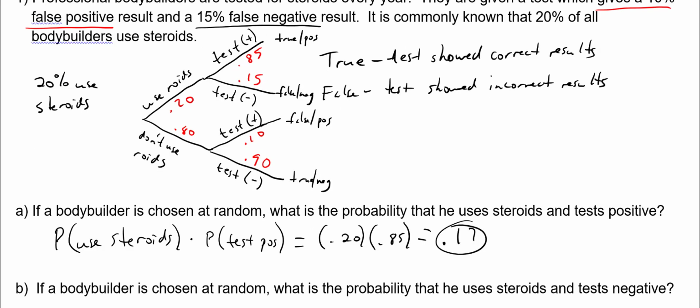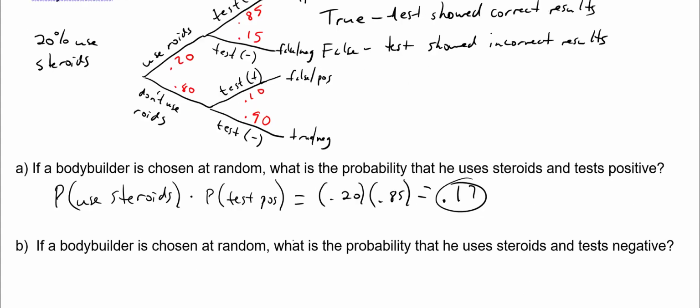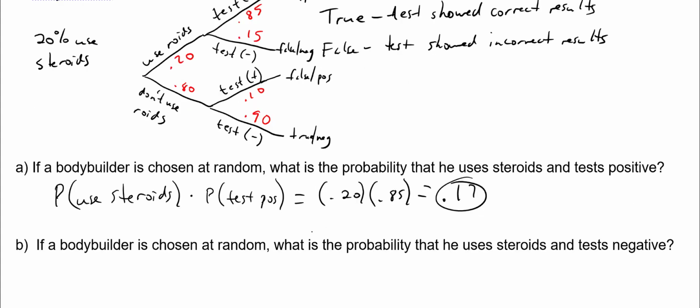Okay, so let's go down to the next one here. If a bodybuilder is chosen at random, what's the probability that he uses steroids and tests negative? So again, we'll write it out here: probability of using steroids and probability of test negative.